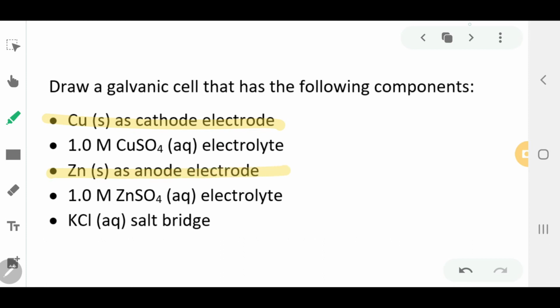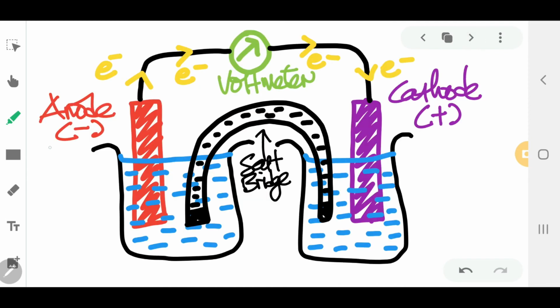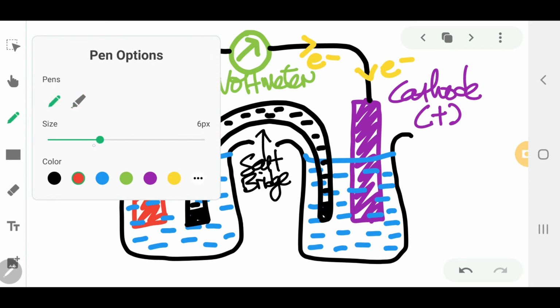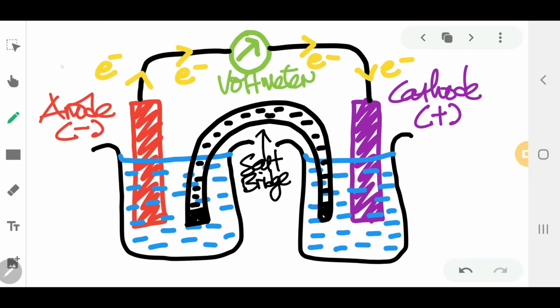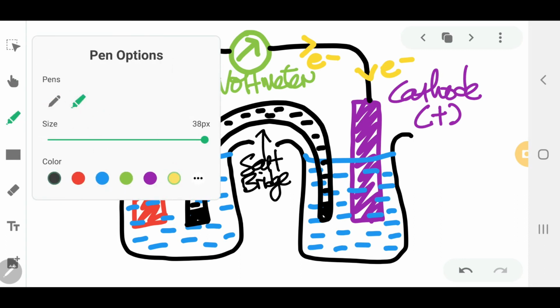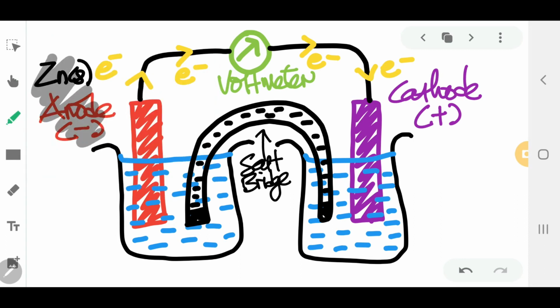So we have zinc and copper. Zinc will be at the anode, so zinc will be here. You're going to write that. Here you'll have zinc solid. You have to write it together with the phase. Now you have zinc solid.